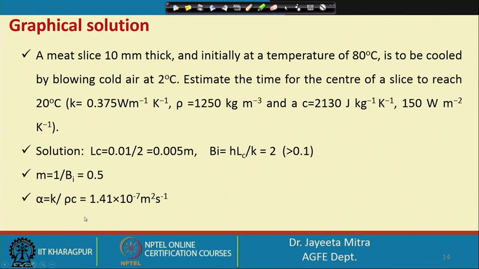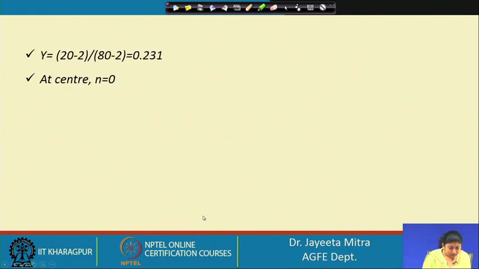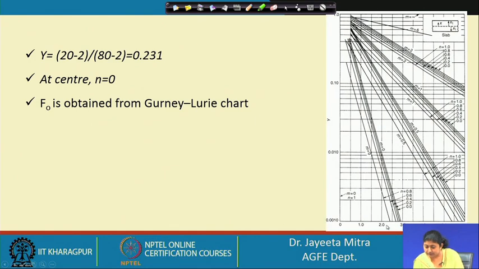Here it is a slice. So, alpha equal to k by rho Cp, that we will calculate. Y the dimensionless parameter, that we will calculate, because we know here the final temperature and the initial temperature. And after getting this, Fo is obtained from this chart.